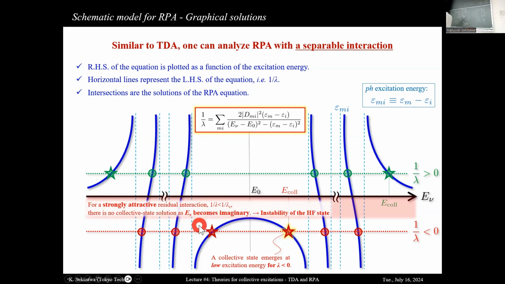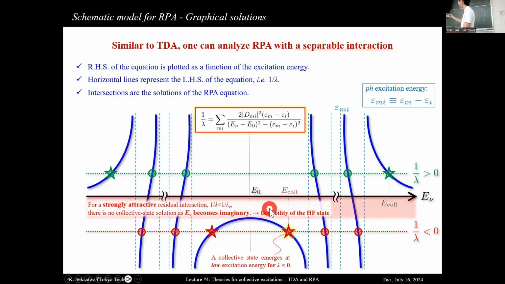It means E nu, the excitation energy, becomes imaginary, not a real value. It indicates that there is some better ground state than the Hartree-Fock state.